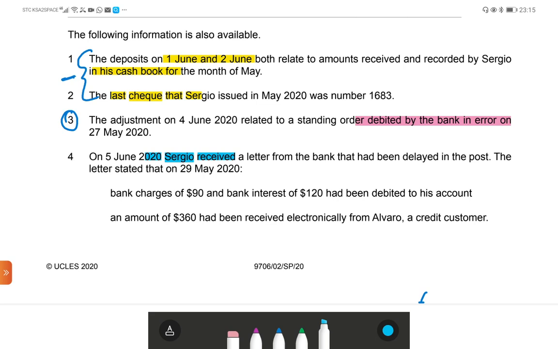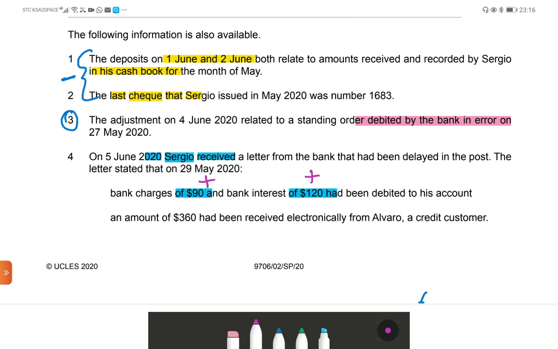The letter stated that on 29th May, bank charges and bank interest were deducted. But the cash book doesn't know about this. So what do we have to do? We have to add it back. These two we have to add back because the cash book doesn't know about this transaction.